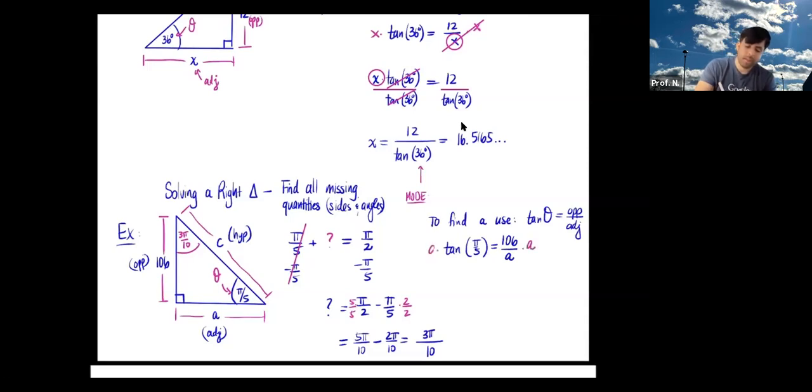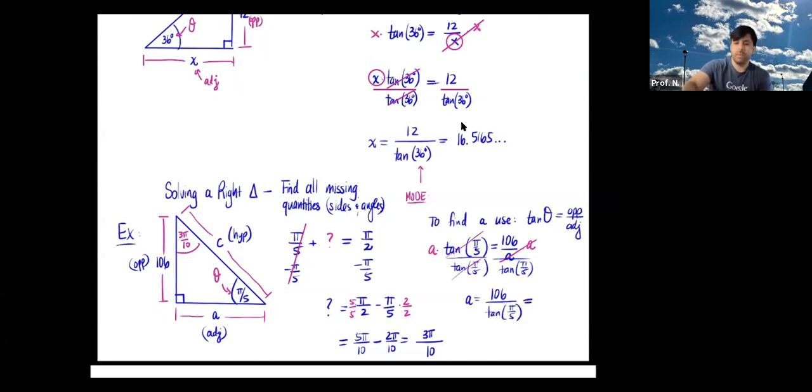Multiply by A on both sides, the A's cancel. Then I divide by tangent of pi over 5 on both sides. These tangents go away, and I'm left with A equals 106 divided by tangent of pi over 5.